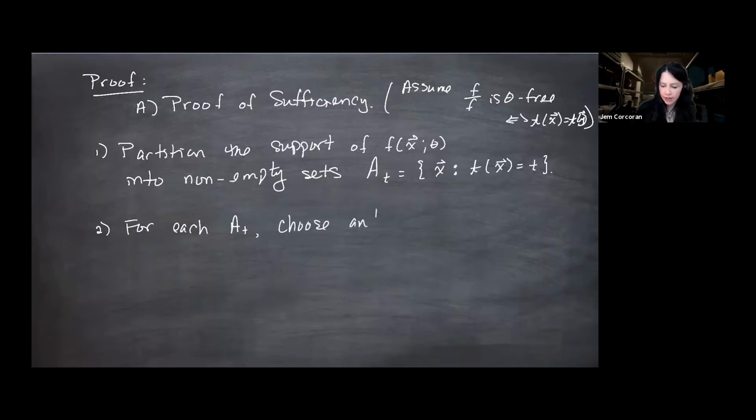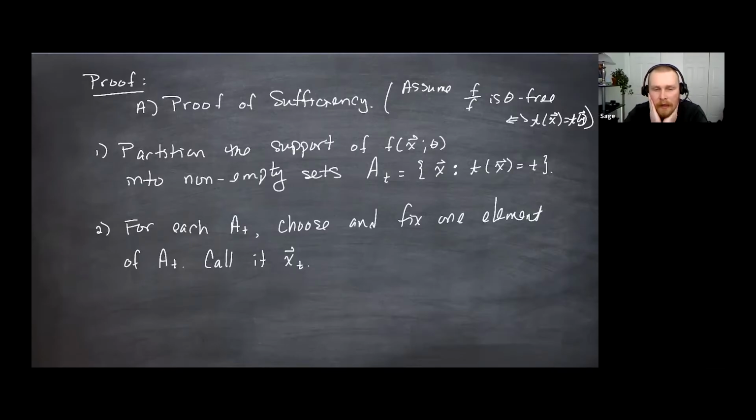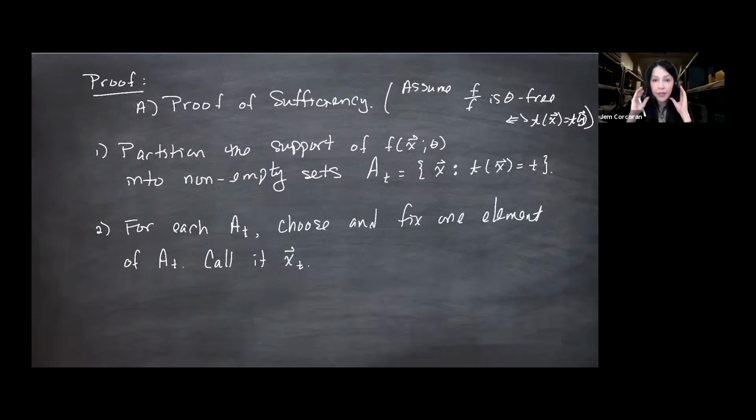Choose and fix one element of A sub t, and I'm going to call it the vector x sub t. And it doesn't matter which one you choose, but just choose and fix one for us to go forward in this proof. So am I understanding that A is the pre-image of little t? Yeah, that's right.